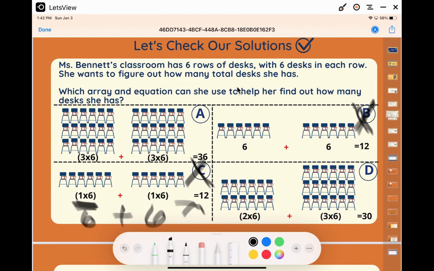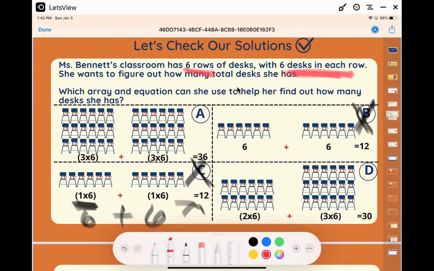When I look at answer choice D, I see that Miss Bennett has 2 rows and 6 columns and then 3 rows and 6 columns. And I know from my problem that she has 6 rows, and if there's 6 desks in each row, that's my 6 columns. So we are looking for 6 rows and 6 columns.